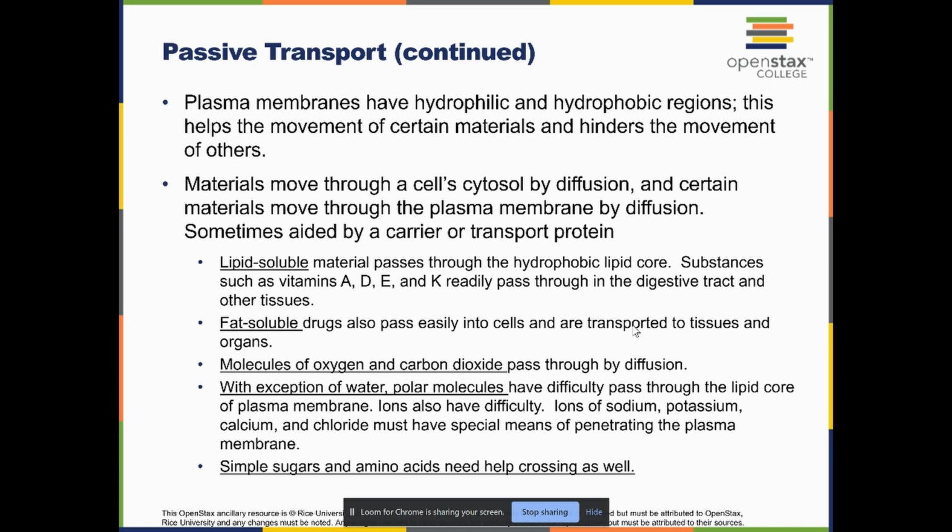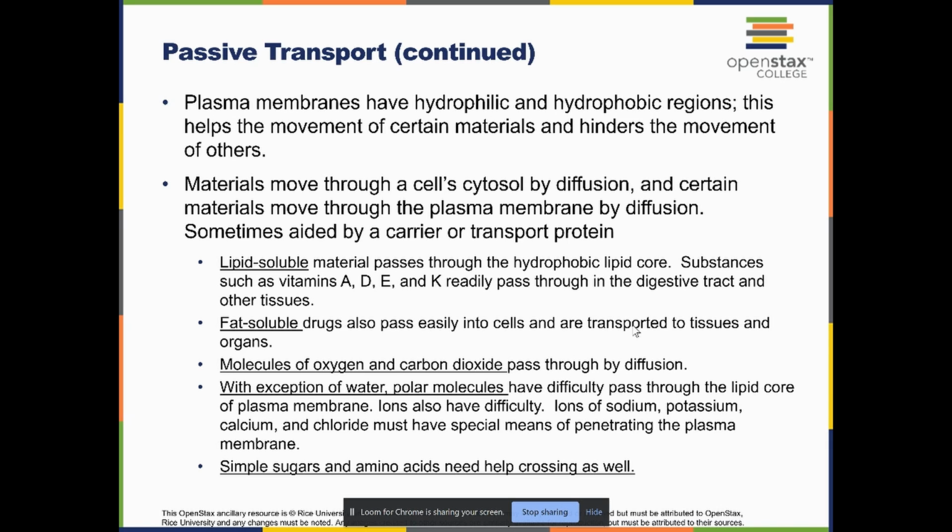So looking more at passive transport, keep in mind again that plasma membranes have hydrophilic and hydrophobic regions, so that's why sometimes we're going to need help to move substances. But any substance that is lipid or fat soluble, or something really small, like maybe one molecule of oxygen or carbon dioxide, or one molecule of H2O, is going to have an easier time just getting straight through the membrane by itself without the help of a channel or carrier protein.